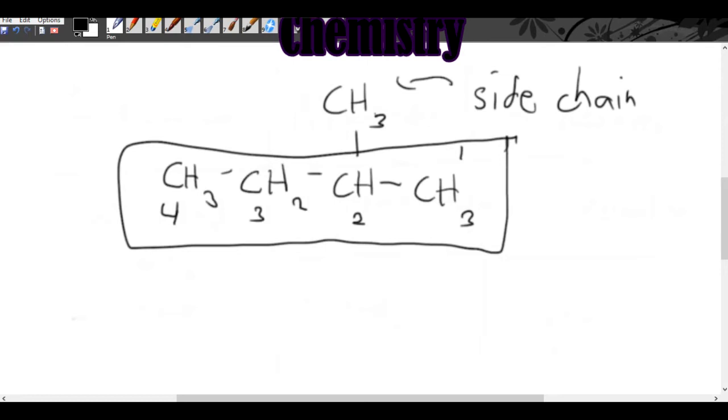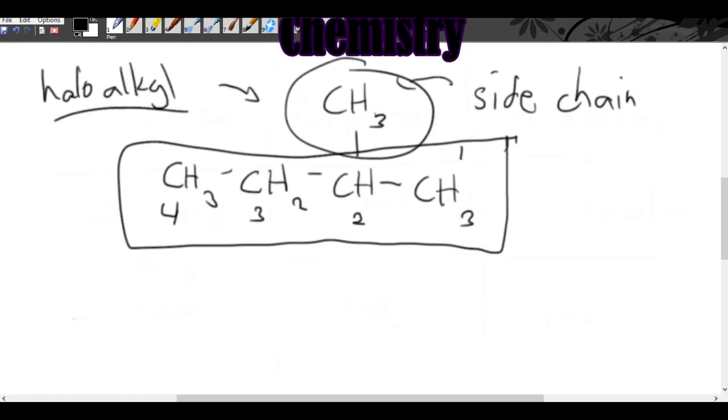Now, and by the way, this is called haloalkyl. Sorry, not haloalkyl. That's for halogens. They're just side chains. By the way, sorry about that. Haloalkyls are actually the ones with the halogens, which I will talk about later.